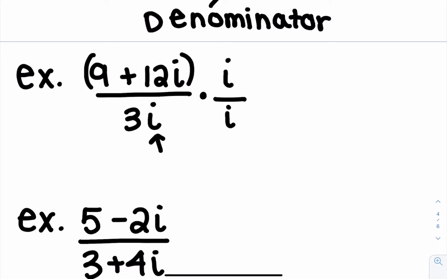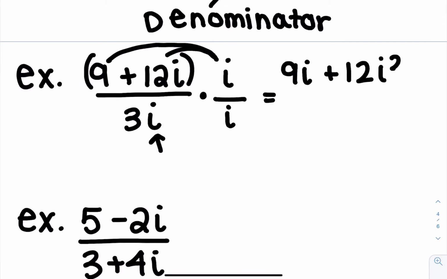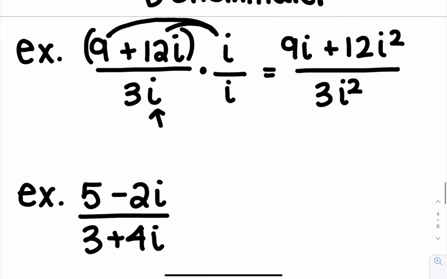And now I just multiply the numerator, so I'll do 9i and 12i times i, so I'll get 9i plus 12i squared. In the denominator, I will get 3i times i, which is 3i squared. Now I'm just going to simplify, so any i squareds I see get turned into negative ones.